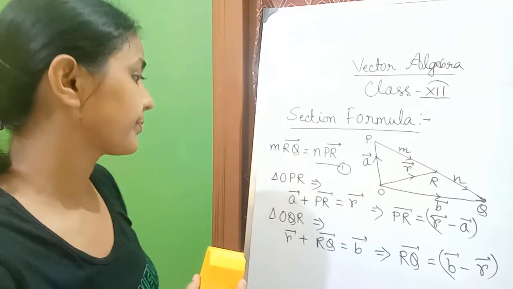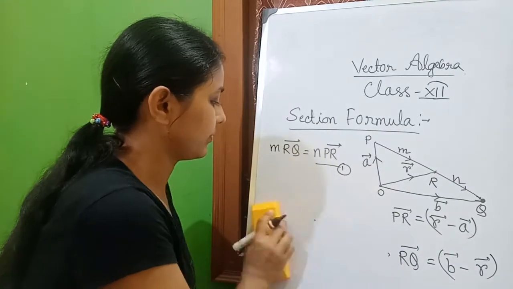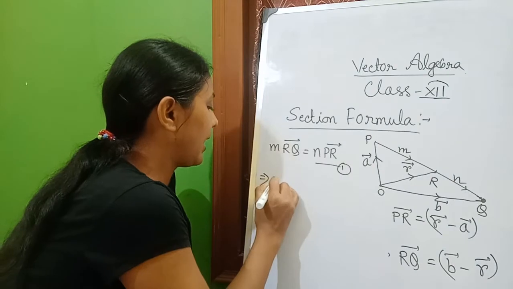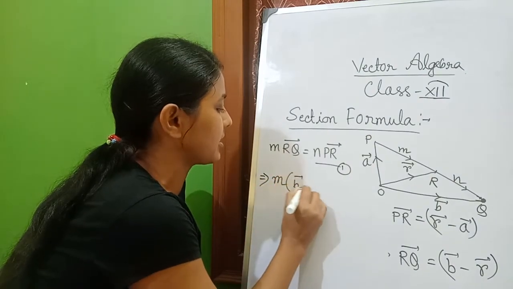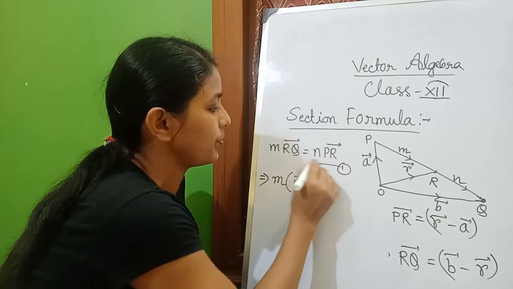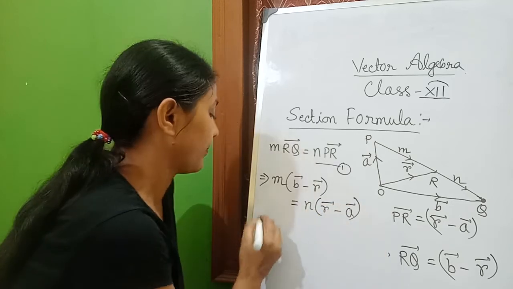So in the first equation we get M into RQ vector, and RQ vector means B vector minus R vector, equals N into PR vector, that means R vector minus A vector.